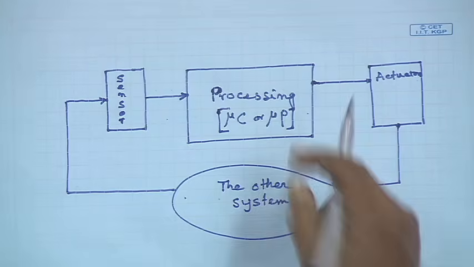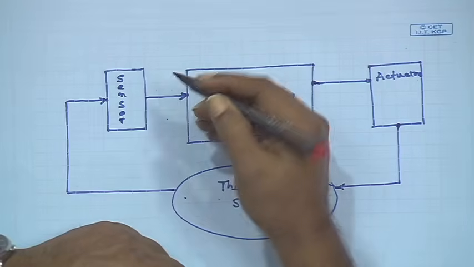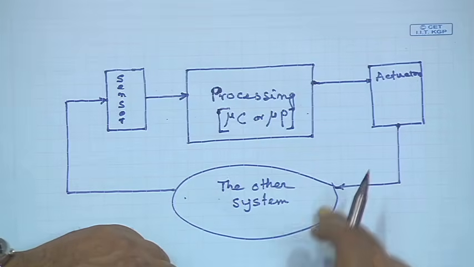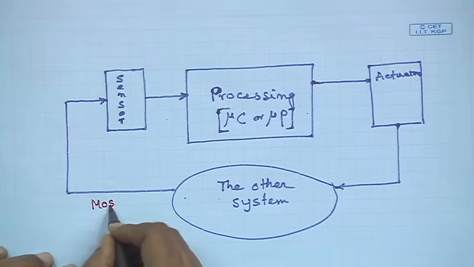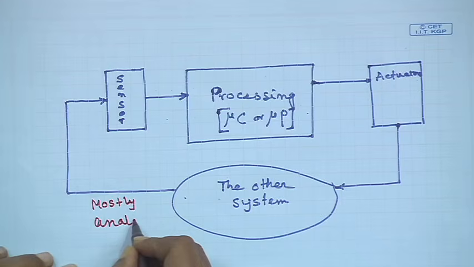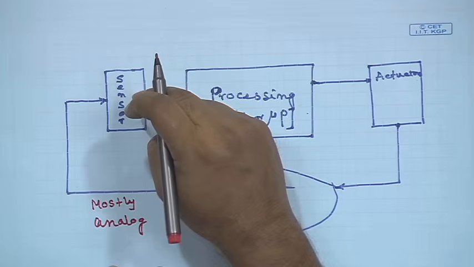Now, in between I have missed out certain things intentionally. The sensors are sensing the data which are coming from the other system, which is the physical world, which is mostly analog, all right, mostly analog. Right, if it be an analog system, therefore, there can be two things.